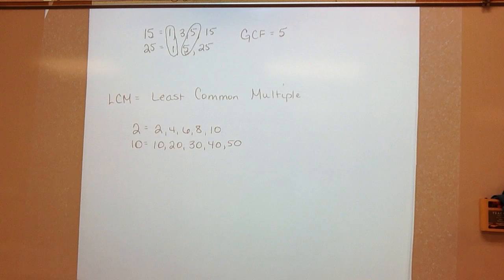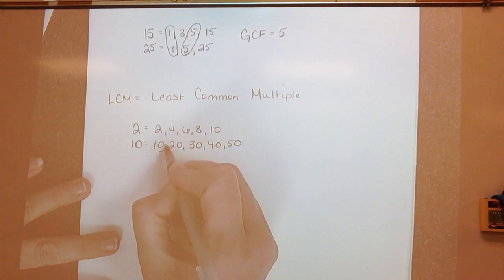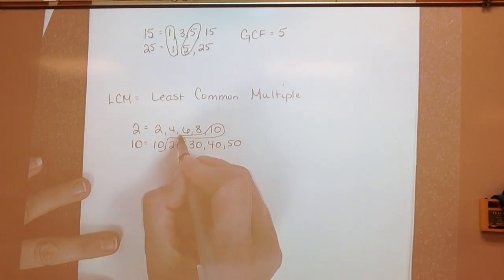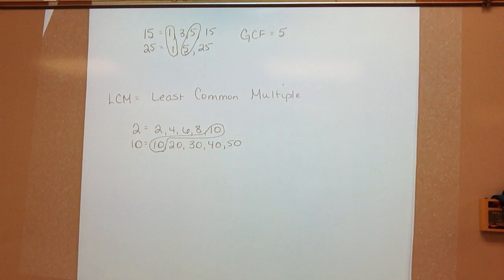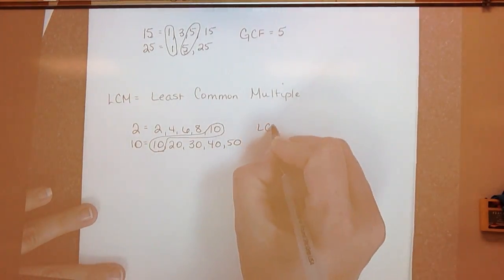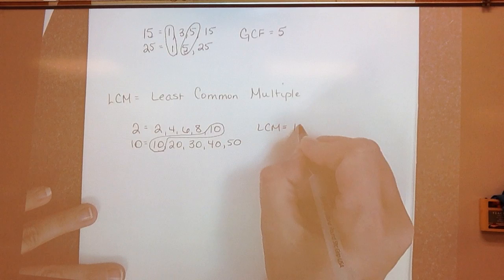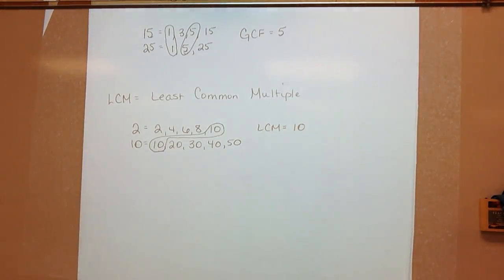Now I'm going to circle what they have in common. In this case, this is the only thing they have in common. So the LCM of 2 and 10 is 10. The smallest number that they have in common is 10.